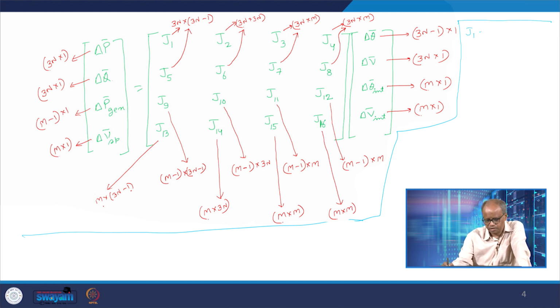J1 is basically del p by del theta, but as we have done for the balanced load flow, we will also look at the individual elements of this matrix. That we will do, but first let us write down the definitions.